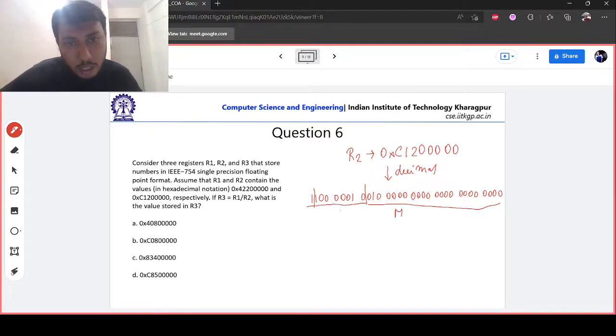So this is M, this is E, and this is S. So the fraction: S is basically 1, E is equal to 10000010, and M is 01.